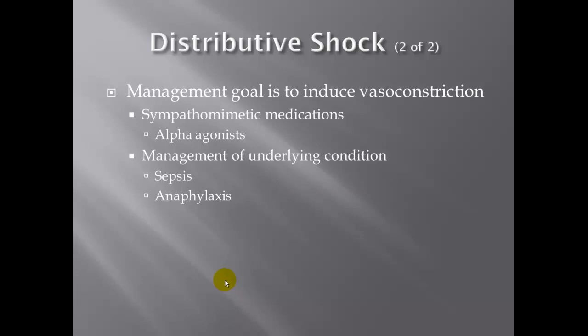Management goal is to induce vasoconstriction. The sympathomimetic medications used to do this should have a high alpha agonism interaction. Examples of this are going to be Levophed and neosynephrine.